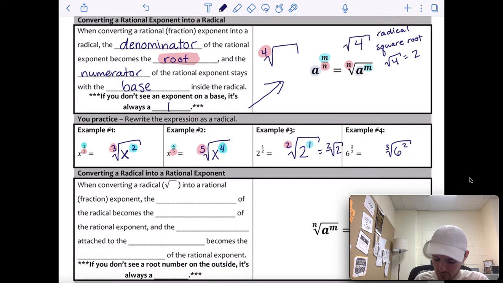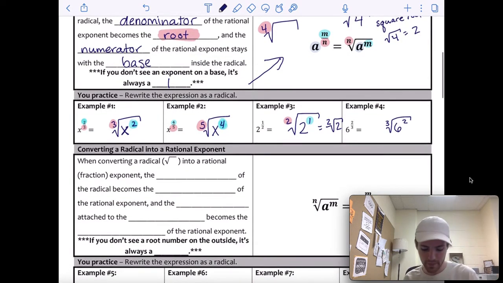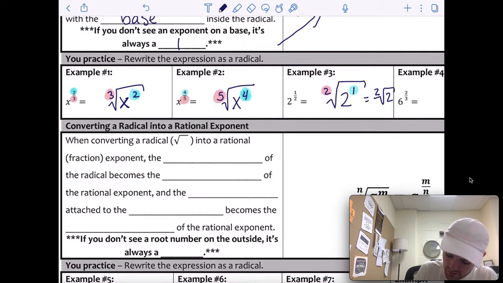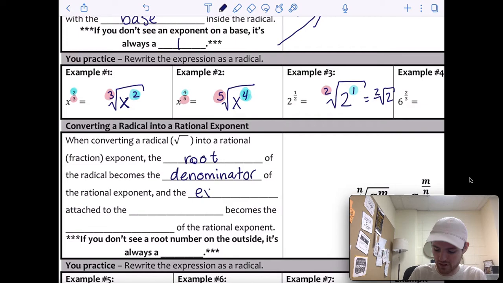Let's start by saying the root of the radical becomes the denominator of the rational exponent, and the exponent attached to the base becomes the numerator.